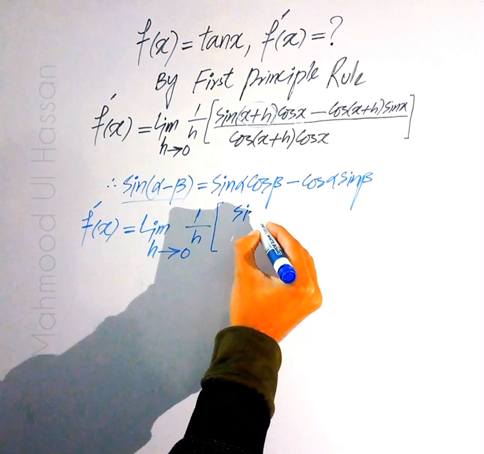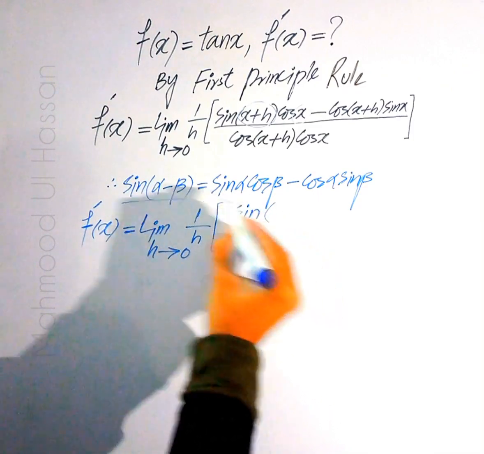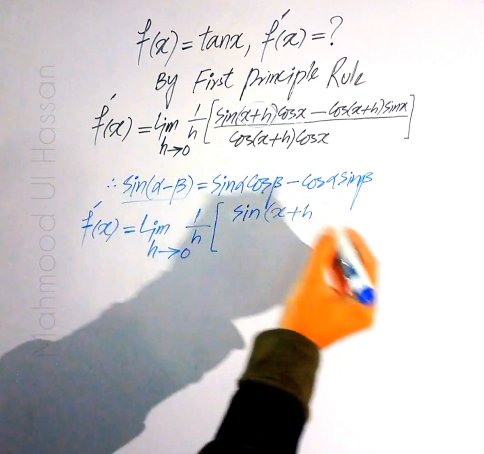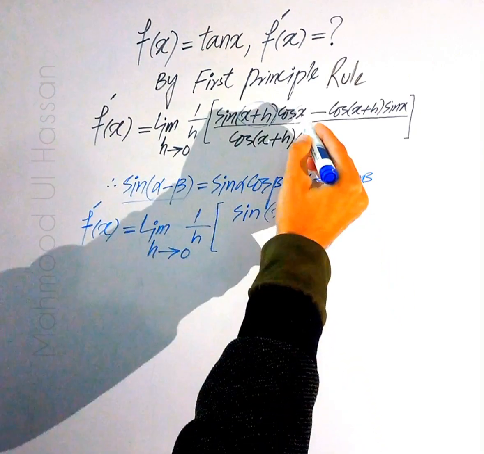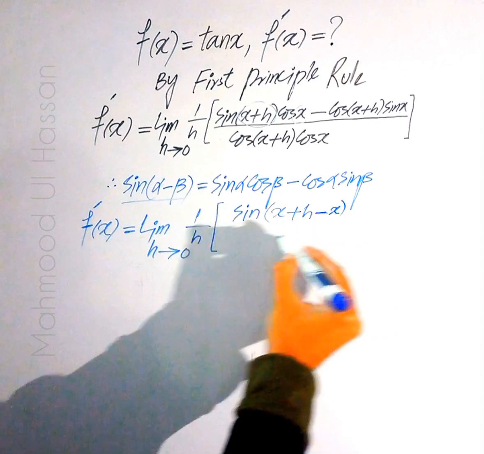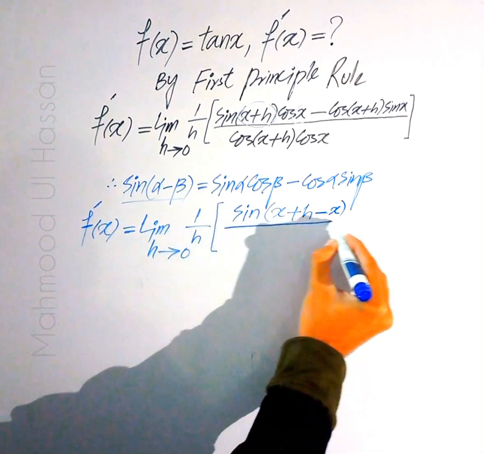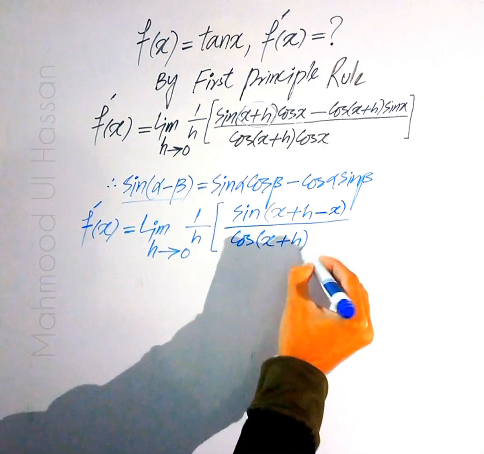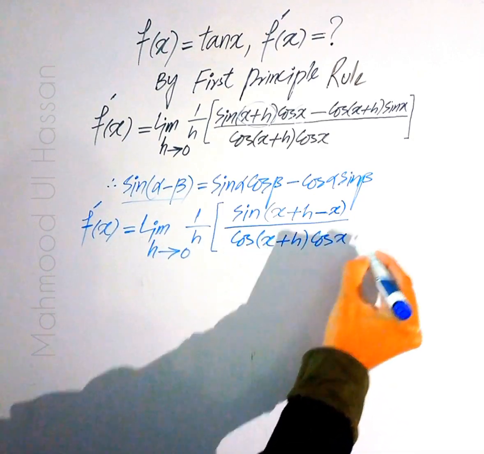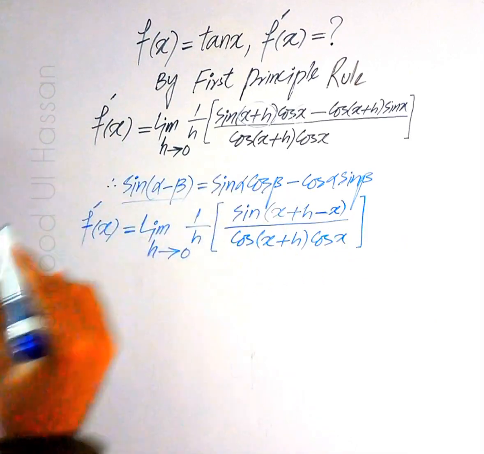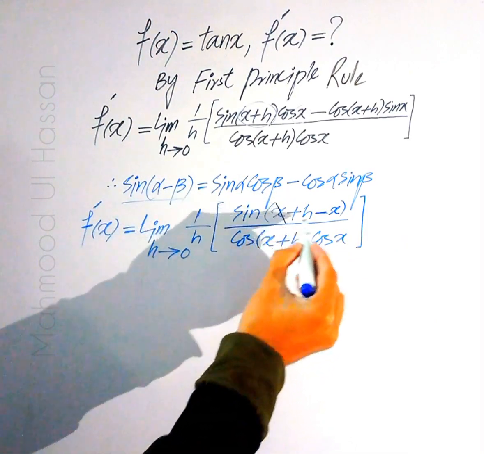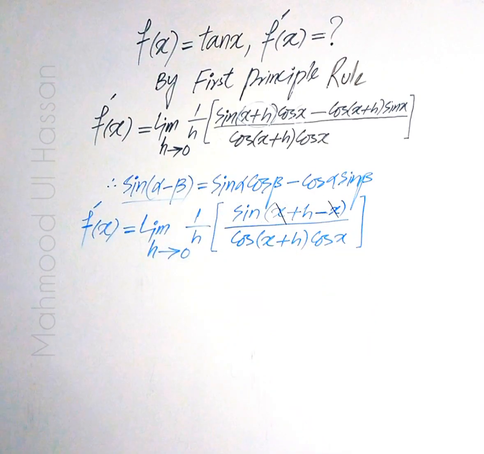So this can be written as sine of x plus h minus x, divided by cos of x plus h into cos x. Okay, so here x will cancel out with minus x.